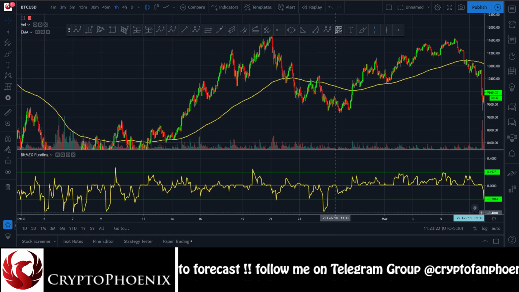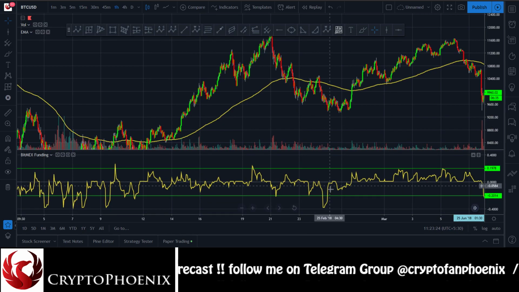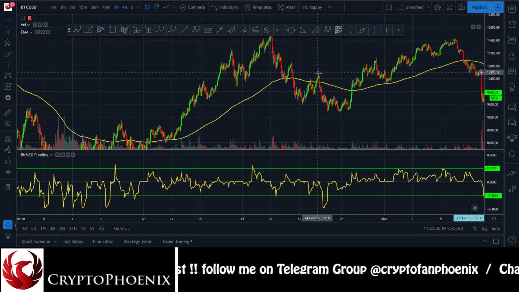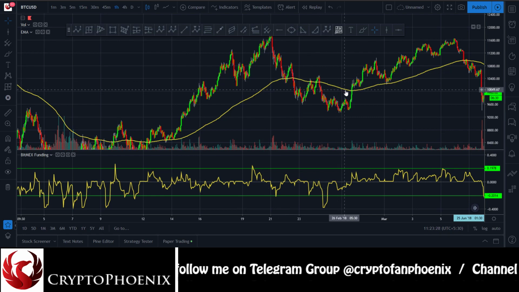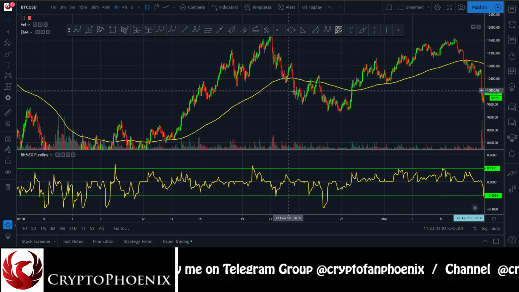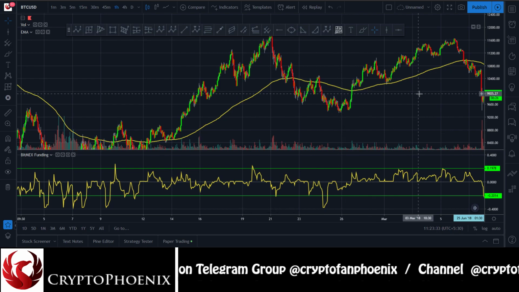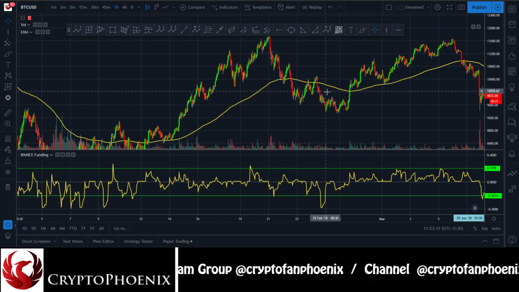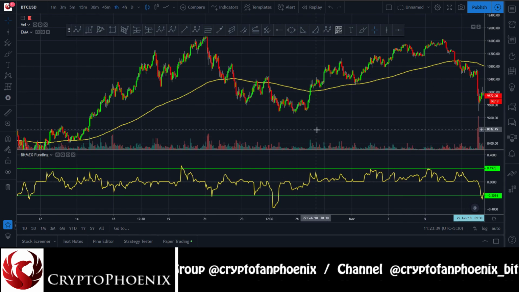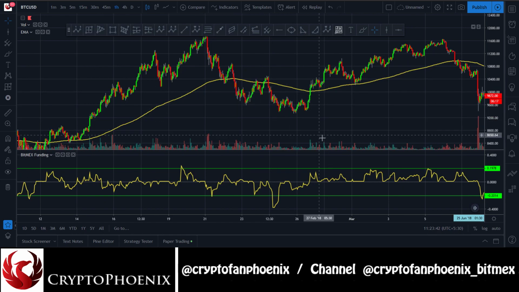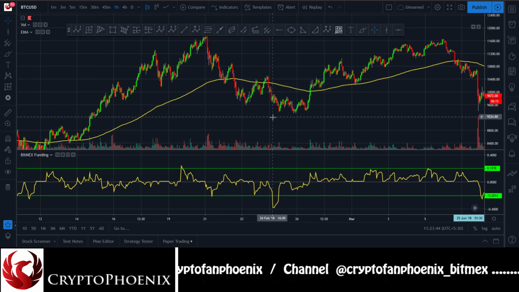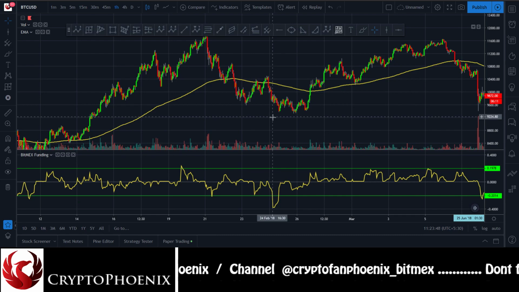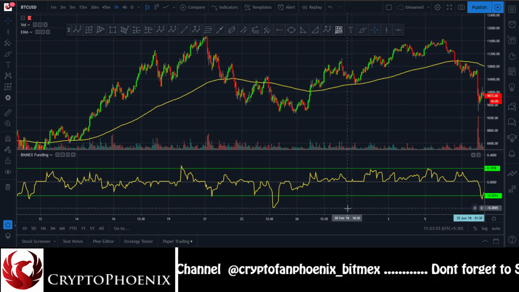See this again, negative funding rate, downtrend. So there is no such case we have right now. So this is a negative funding rate, and it's downtrend, and basically this strategy is, if you are trending upside, you're looking for the opportunity to counter trade whenever the funding rate is highly negative.